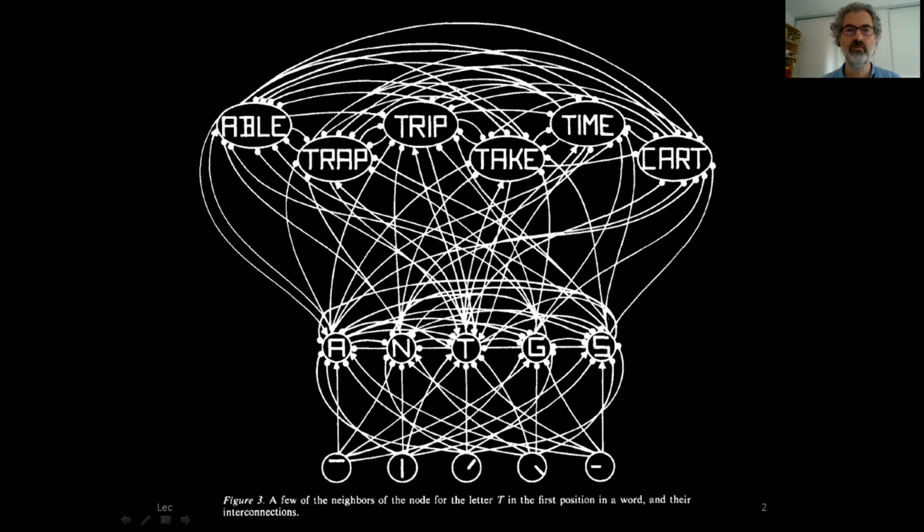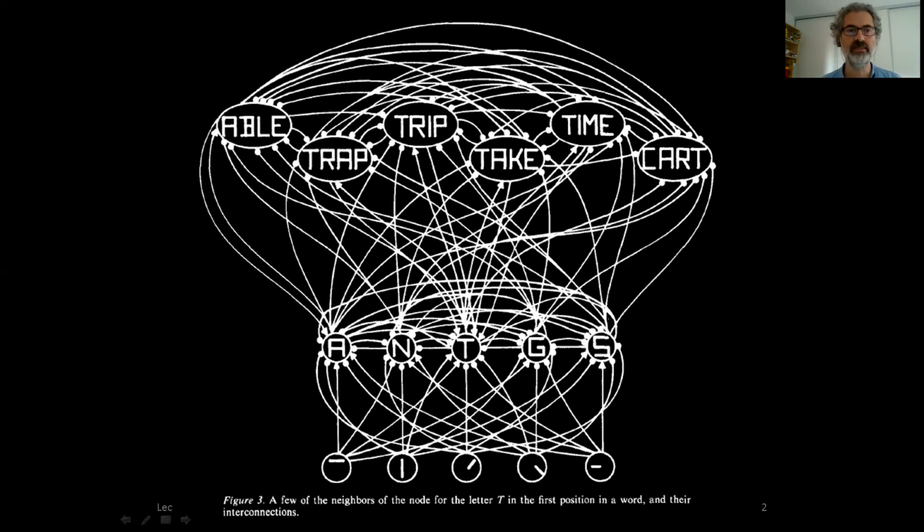Now, where does word superiority come into effect? Words don't only inhibit each other. They can also activate the letters they contain. This was the crucial insight that allowed this model to account for the word superiority effect.